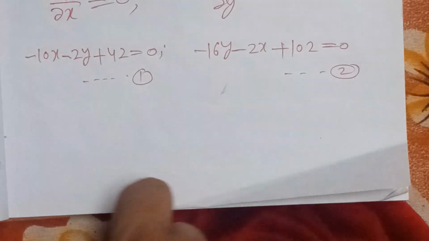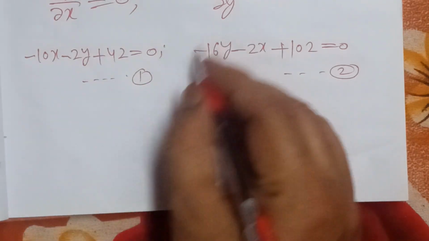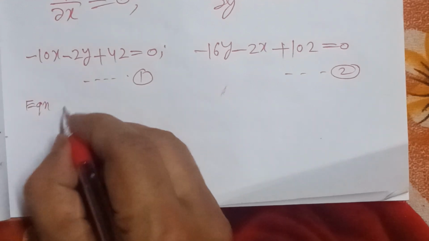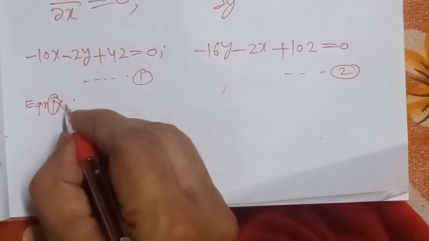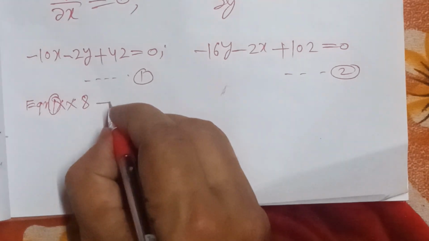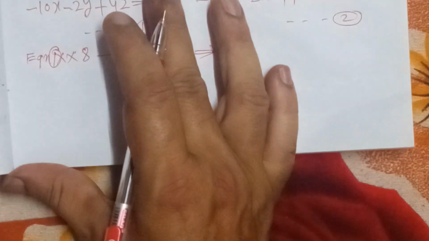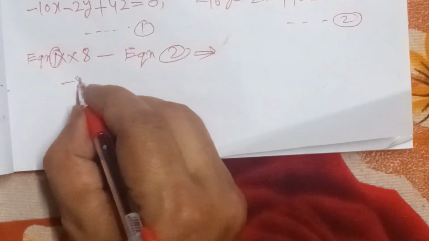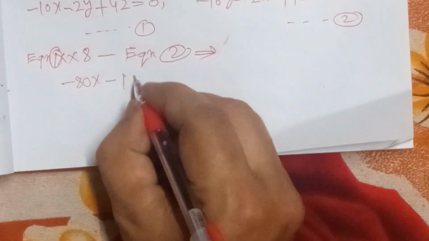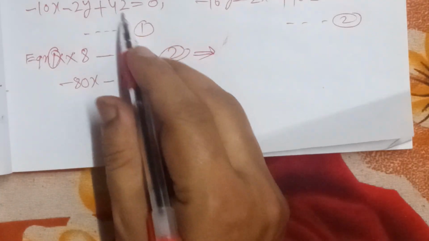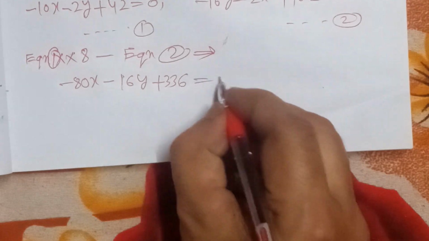So multiply equation 1 by 8 and subtract equation 2, we can eliminate y. Multiply by 8, we get minus 80x and minus 16y, and on multiplying here by 8, we get 336 is equal to 0.